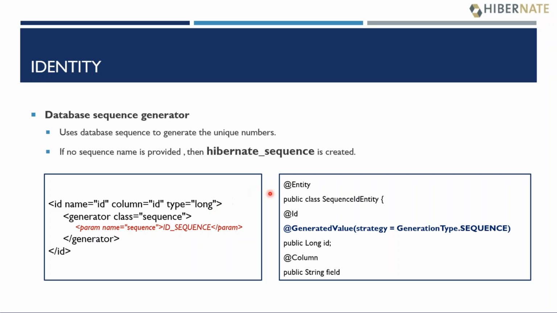If you're using annotations, then you should annotate your class with @Entity, and whichever column you want to treat as primary key should be annotated with @Id, and @GeneratedValue, that is strategy equal to GenerationType.SEQUENCE, that is use the sequence number generated for this primary key.